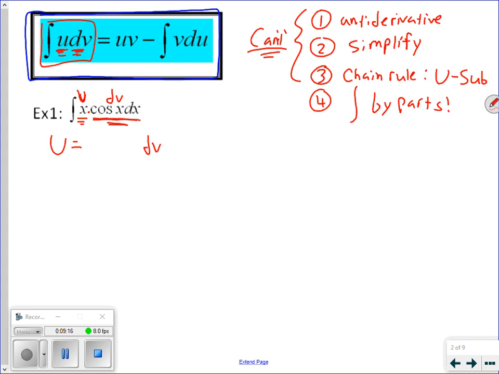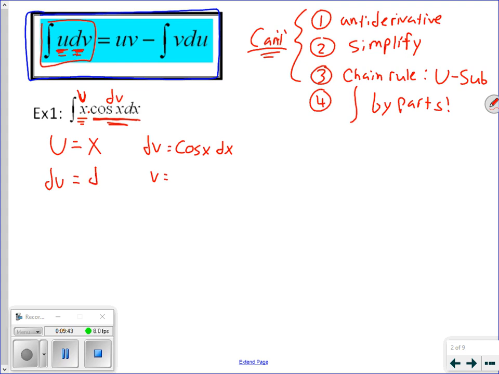I'm going to need to know my du equation, and I'm going to need to know my v equation. So I always set it up in this order to do a little shortcut rule here. So I'll let u be x, and I'll let dv be cosine x dx. If you have a dv, you're going to have a dx. Then du is the derivative of u, so the derivative of x is 1 dx.